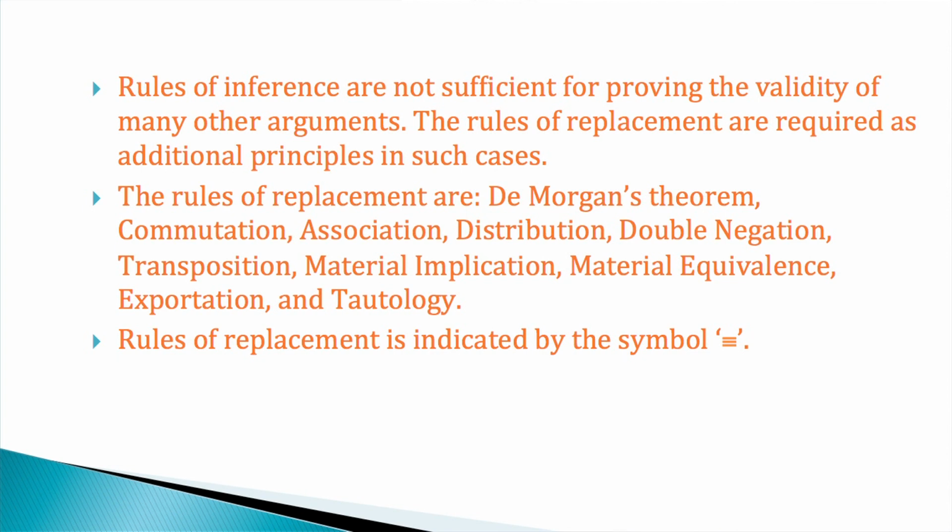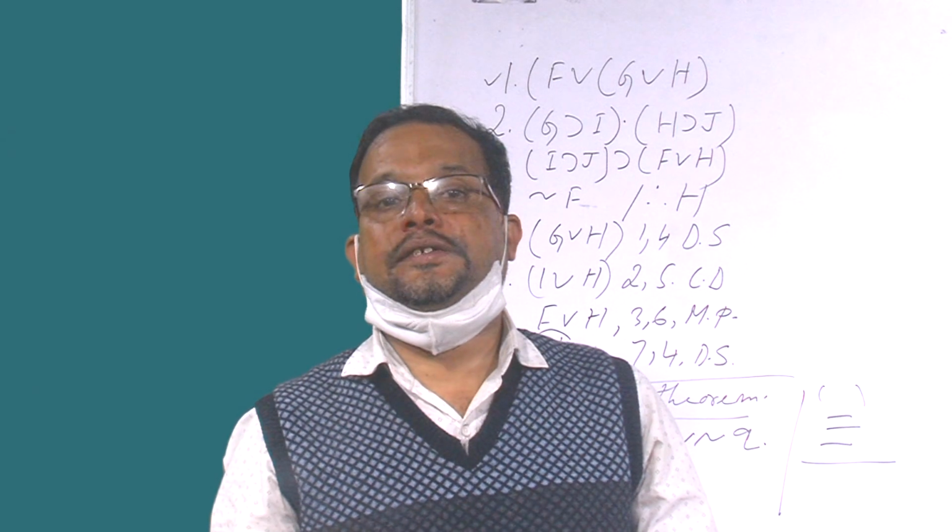These rules are De Morgan's theorem, commutation, association, distribution, double negation, transposition, material implication, material equivalence, exportation, and tautology. Rules of replacement are indicated by the symbol of equivalence. So, these are the basic points.